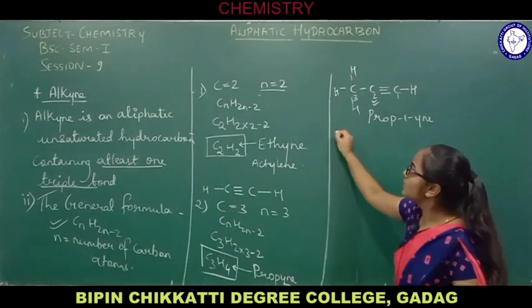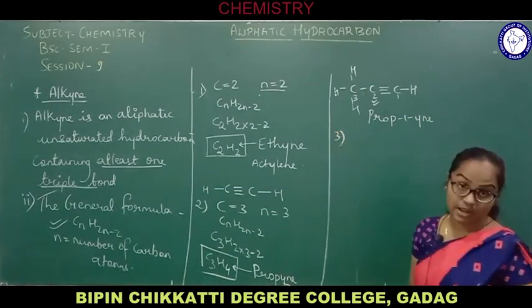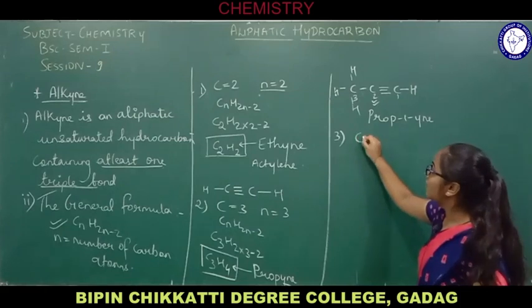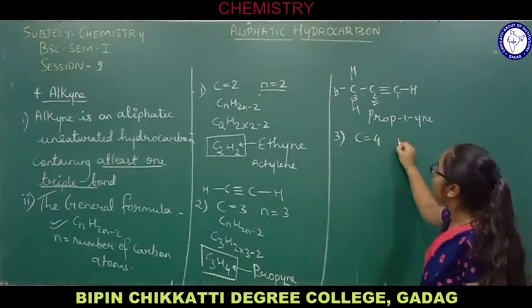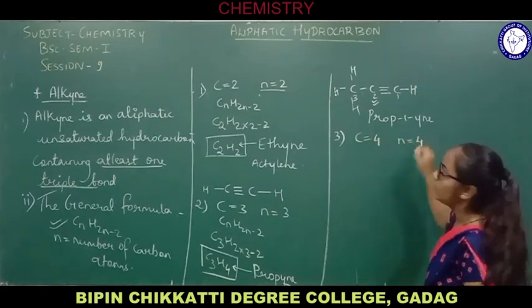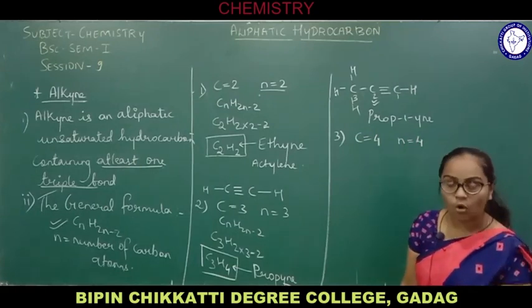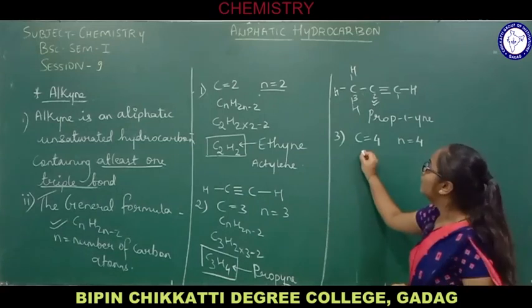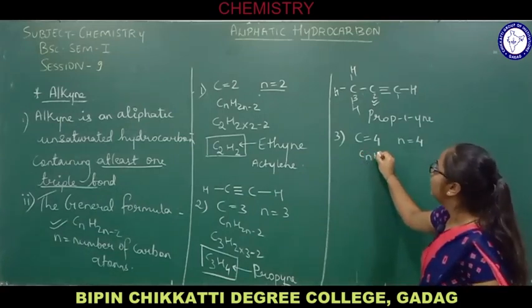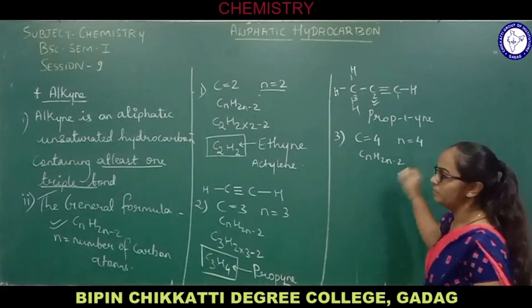Now let's go towards the third member of the alkyne family, with carbon equal to 4. Therefore n will be 4. You need to substitute this n with 4 into the general formula. The general formula is CnH2n minus 2.